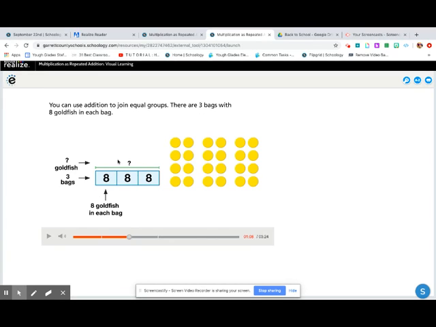You also have 3 groups here inside of the bar. 1, 2, 3. And instead of using counters to represent numbers, they just represented the number using the digit 8, 8, 8. Bar diagrams are very useful, and you're going to see them a lot in 3rd grade math. It's really useful in this problem because you can easily see repeated addition.